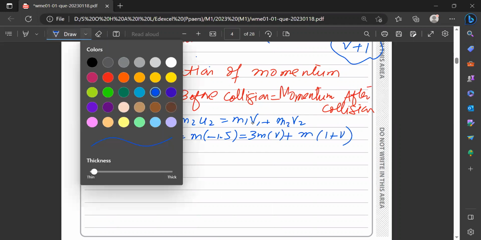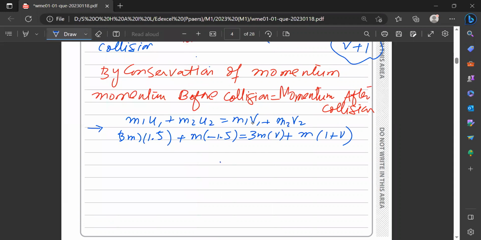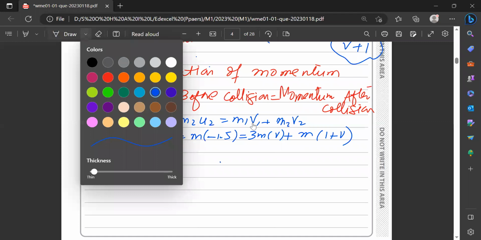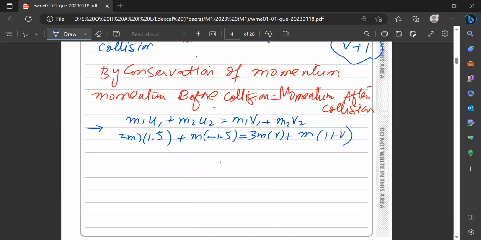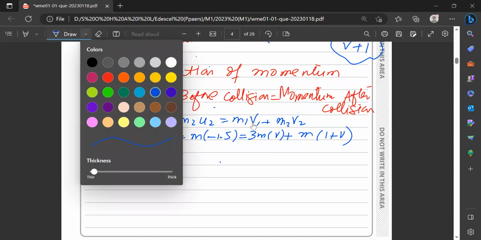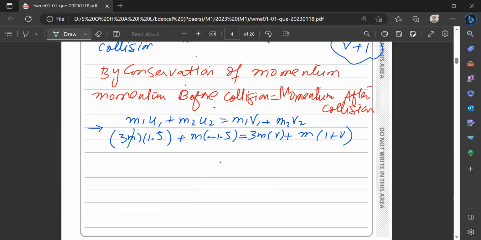So we have common m throughout, so you can simplify directly or you can take it common. So here I can do it like this. This m goes with this m, and this m.